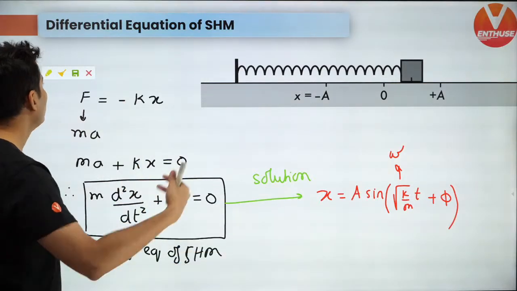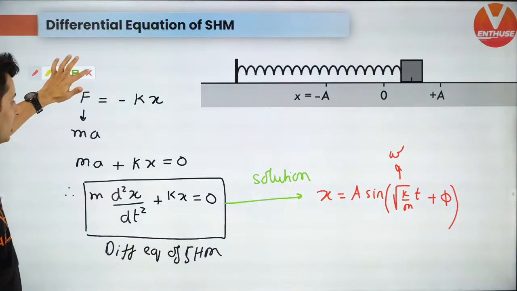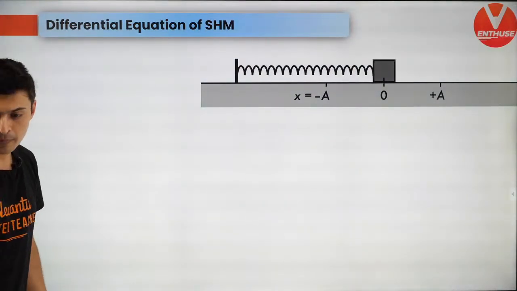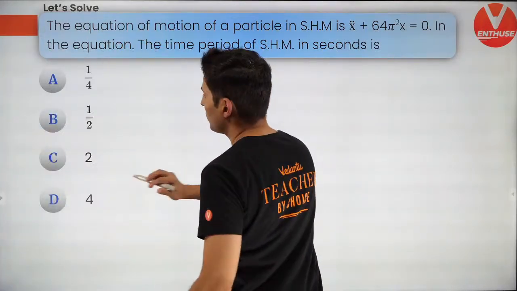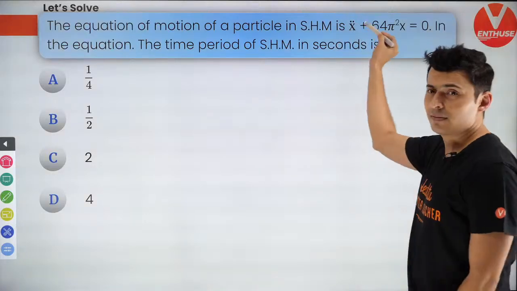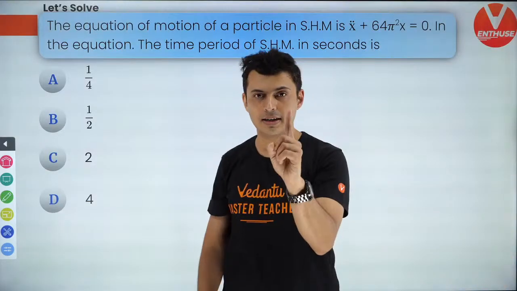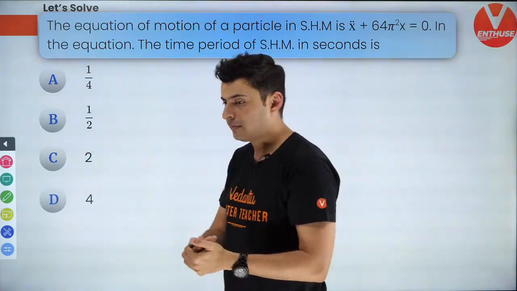Now how do you use this in questions? How do you make use of these, and how do you solve questions based on the differential equation? So look at this. You might be worried about what this double dot is. Guys, this double dot stands for second derivative. If there is a single dot, it's the first derivative, double dot is the second derivative, triple dot is the third derivative.